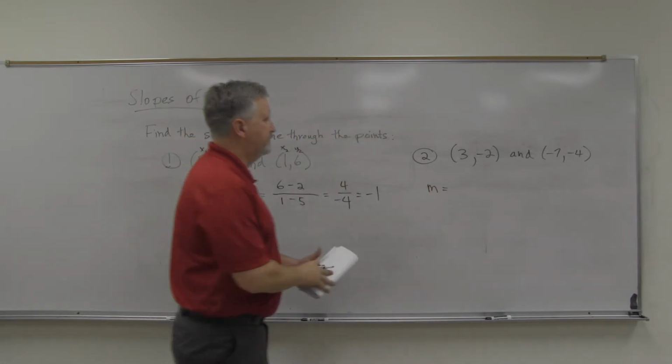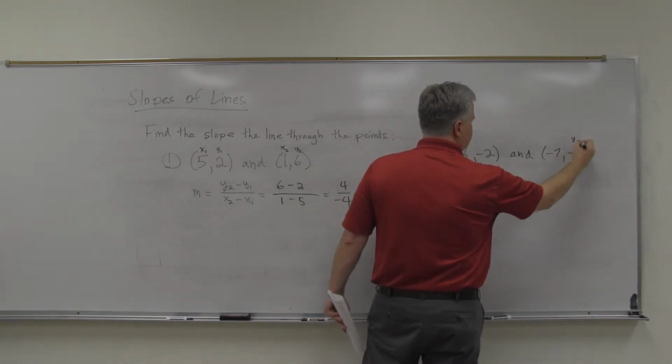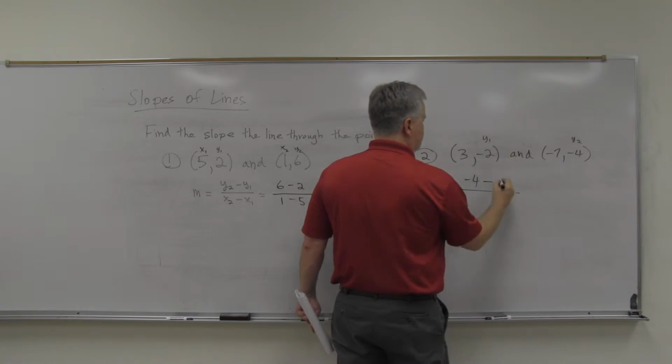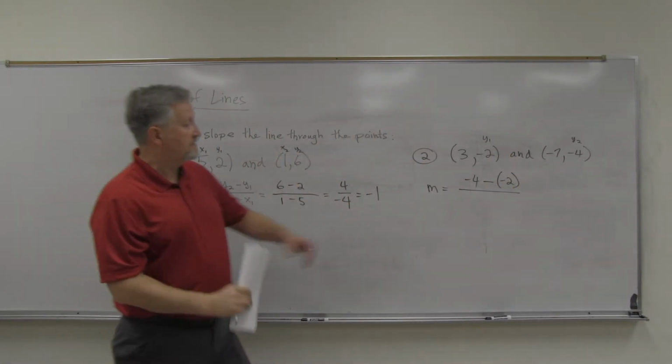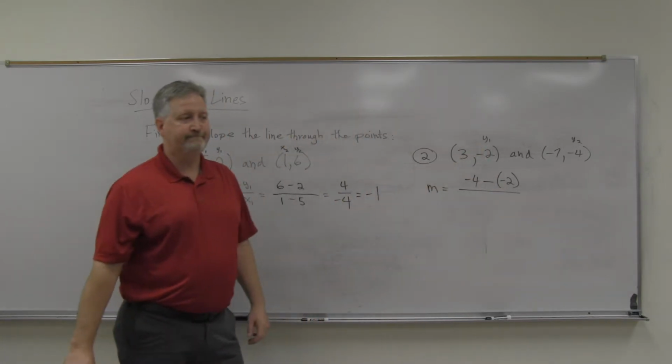So the slope there, again, is y2, which is negative 4, minus y1. So we have the double negative there, don't we? This minus is from the formula, and then the negative 2 is from the y1.